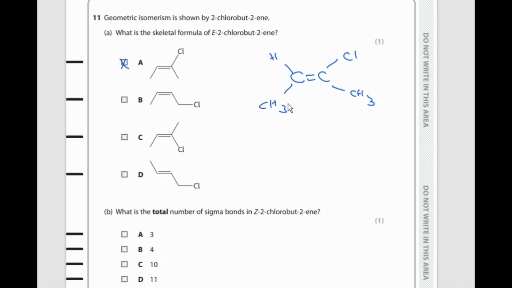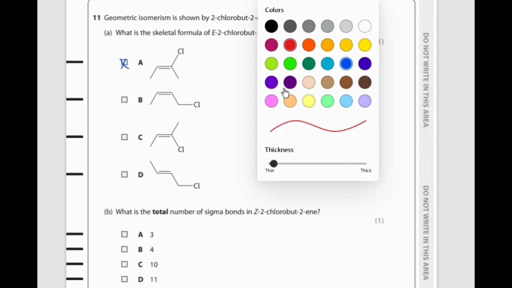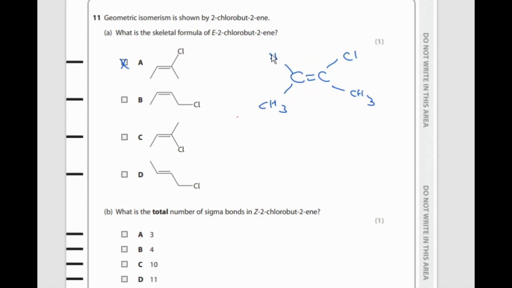Now we need to rank the atoms connected to the carbons that are forming the double bonds. So for these rankings, we look at the atomic number.